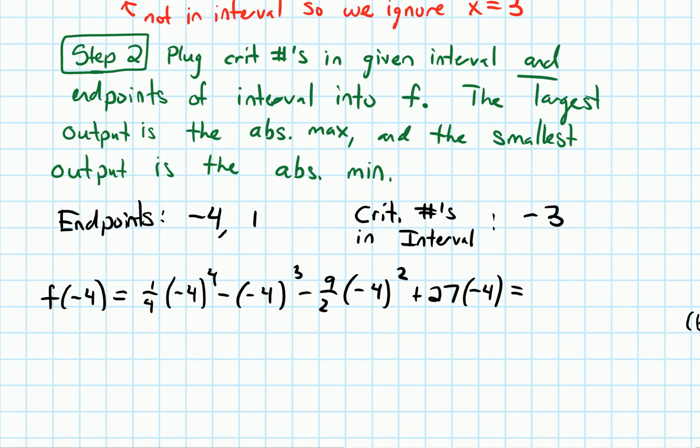And if we work out what this is, we end up with -52. All right, so we need to do the same thing when we plug in -3 and 1.